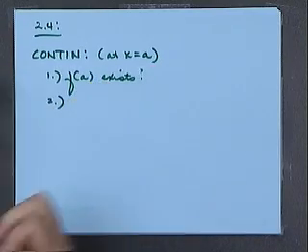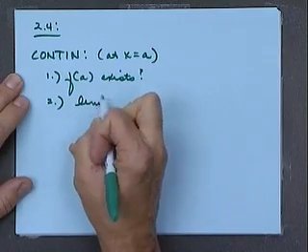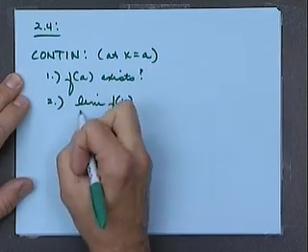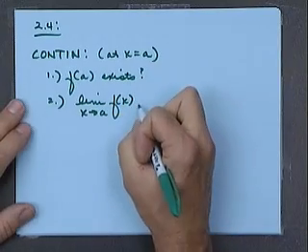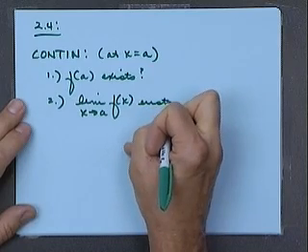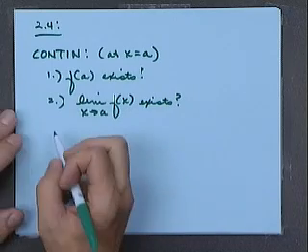If it gets by that one, what's the second part of this continuity check that we do? Does the limit exist? The limit of the function, as x gets closer to a from both sides, exists. Or does it have a limit as we're getting closer to a from both directions?